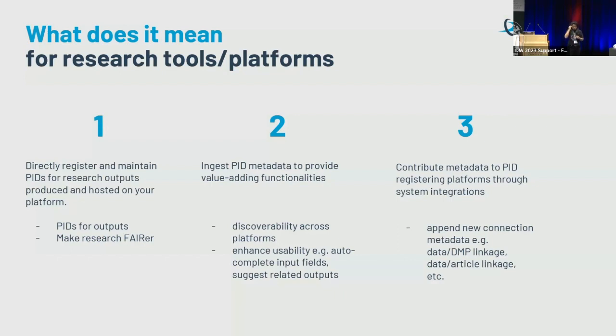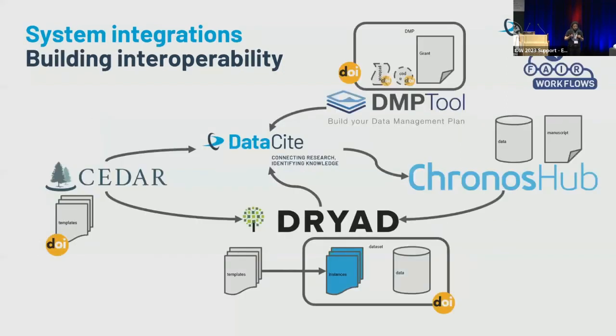So, an example from the FAIR Workflow project. It shows the different integrations we take on within the project. This looks messy, but it's already a simplified version of it.